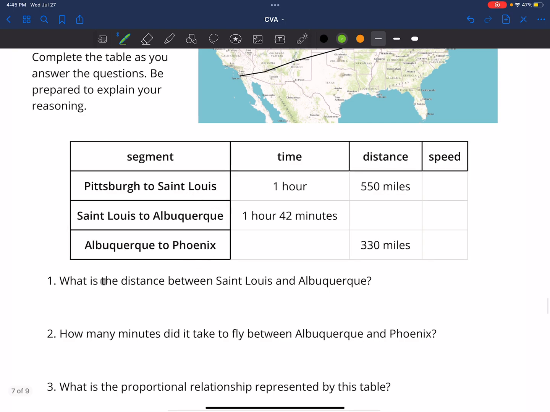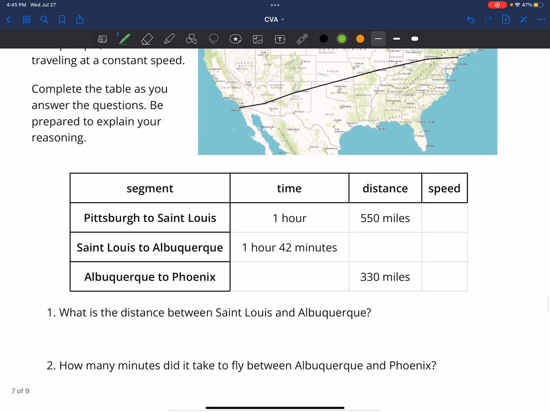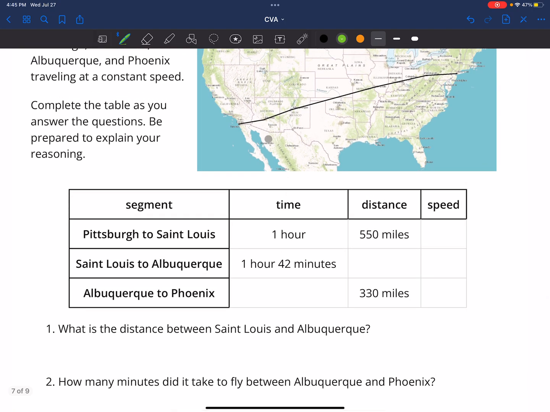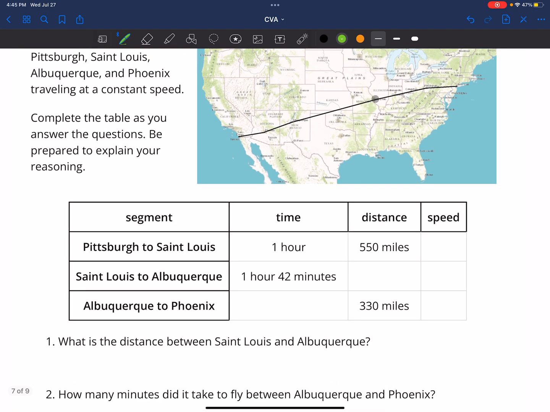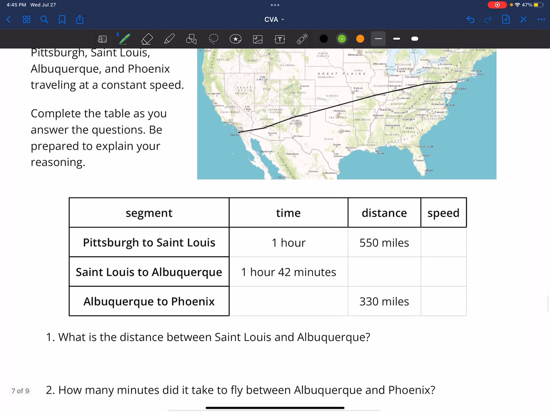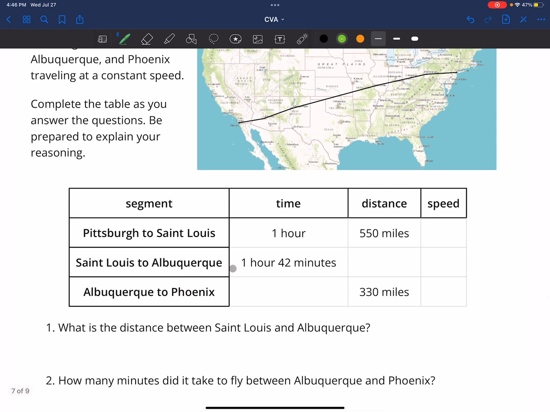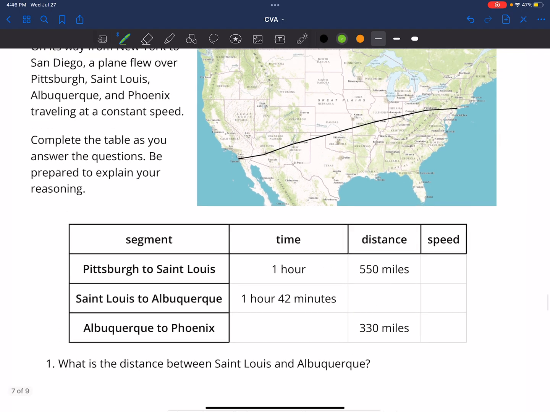So let's take a look. What is the distance between St. Louis and Albuquerque? So we have St. Louis from here to Albuquerque. It says constant speed, so it's the same speed. Let's figure out the speed first.